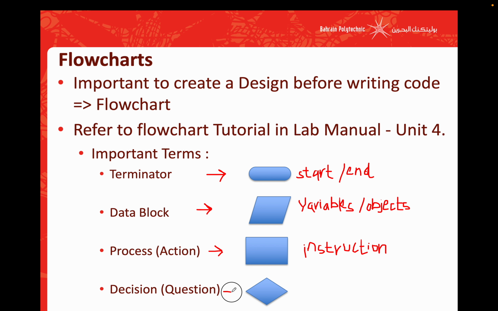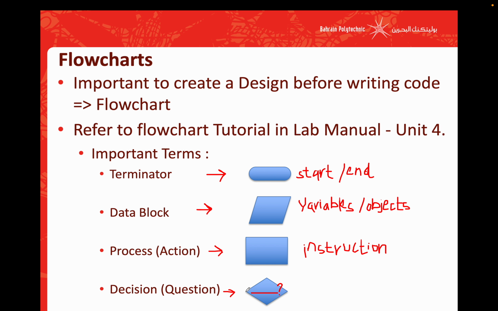The final one is basically decision, and decision allows you to choose between two actions depending on a specific condition. So whatever we write in this shape is usually a question, and the answer to that question needs to be true or false, and based on that answer we choose a different path in the program.